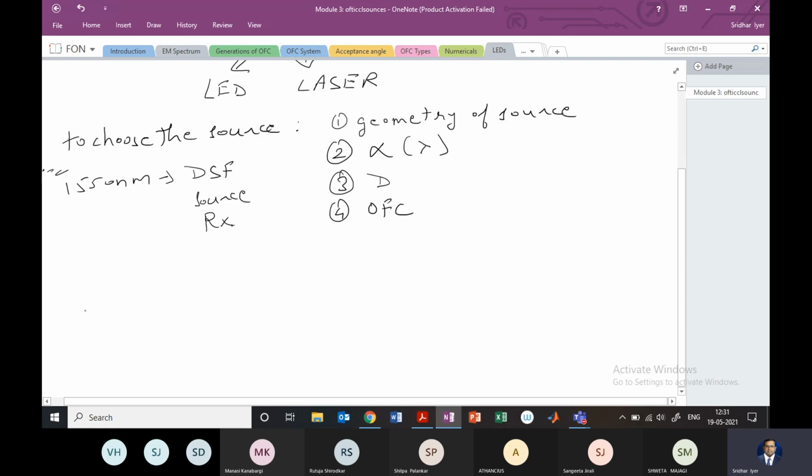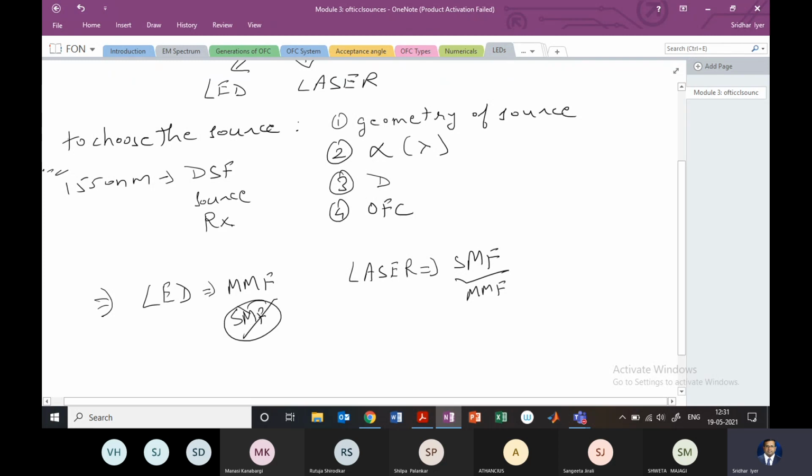In general, the other important point, the LED is more compatible with multimode fiber, whereas the laser is more compatible with single mode fiber. It also works with multimode fiber, but working the LED with single mode fiber is very difficult.